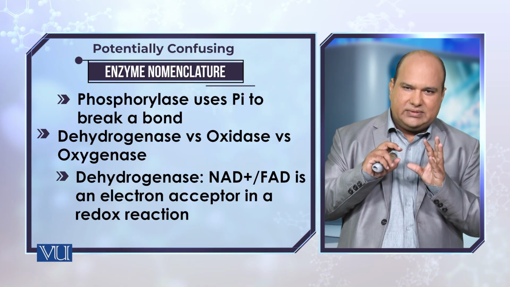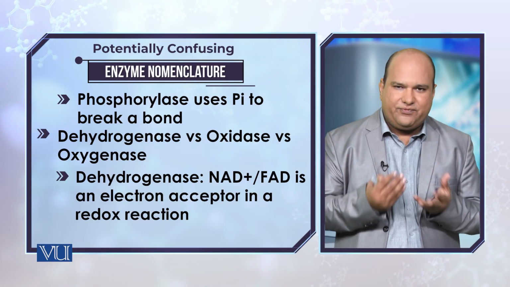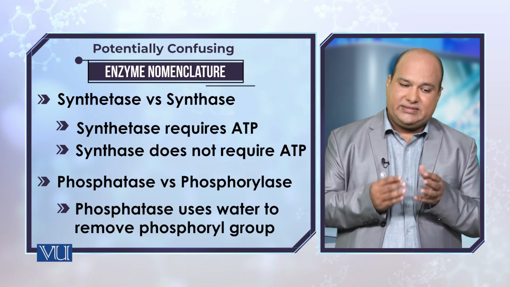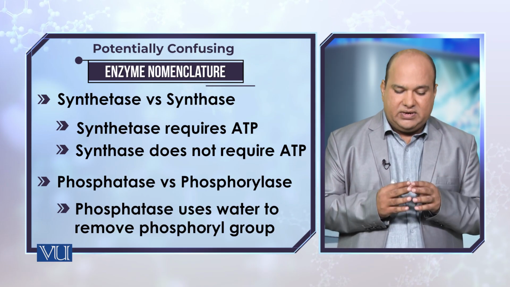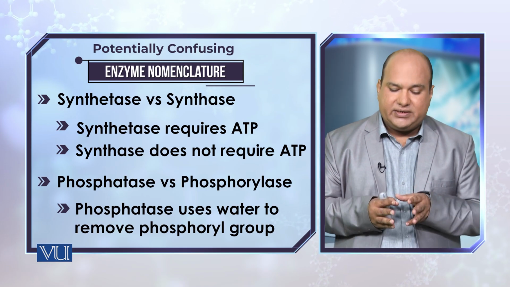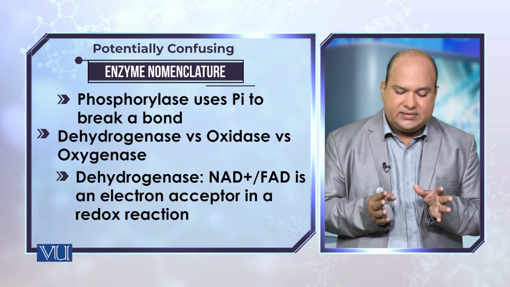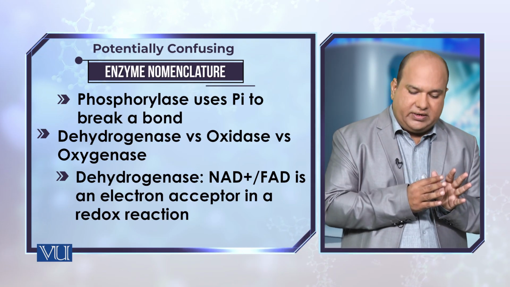So they look similar in name, but they have different actions. Synthetase requires ATP, for instance, while synthase does not require ATP. Similarly, phosphatase uses water to remove a phosphoryl group, while phosphorylase uses inorganic phosphate to break a bond.